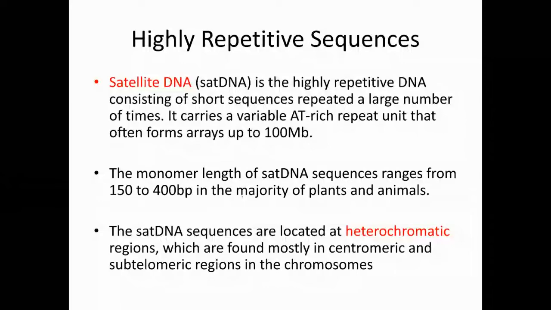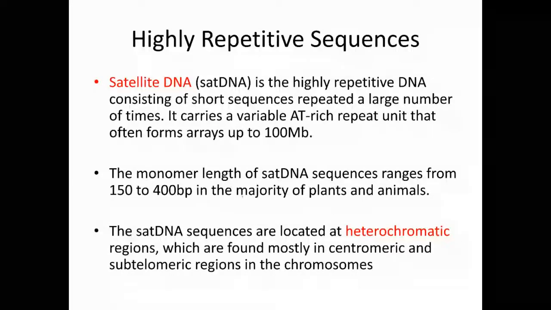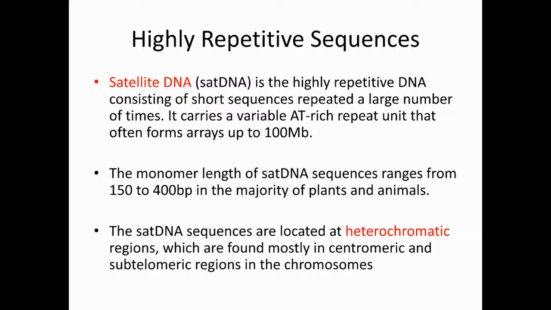And then we also have highly repetitive sequences. Satellite DNA is the highly repetitive DNA. It consists of a short sequence repeated a large number of times and carries a variable AT-rich repeat unit. They can form arrays up to 100 megabases.